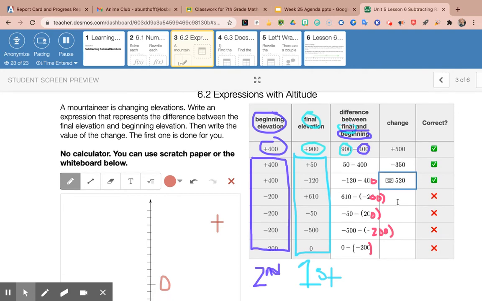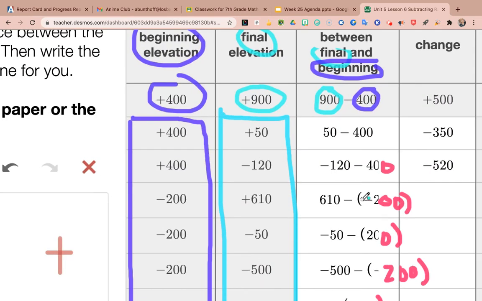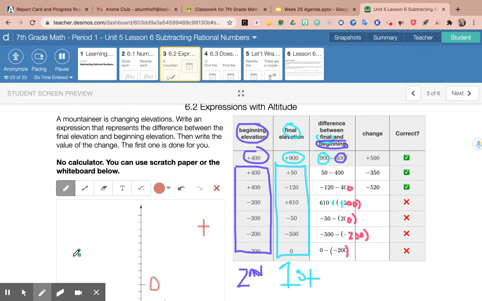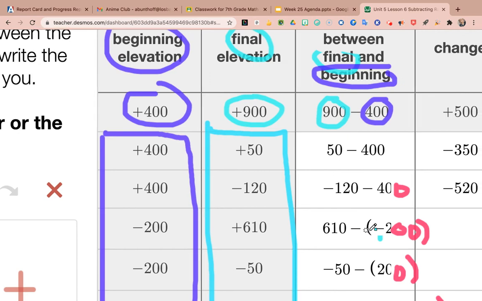Next, I have 610 minus negative 200. Yesterday in your ed puzzle, we saw that when subtracting a negative, these cancel out, so you can turn them both into pluses. Or you can think about it like this. It takes both of them together.